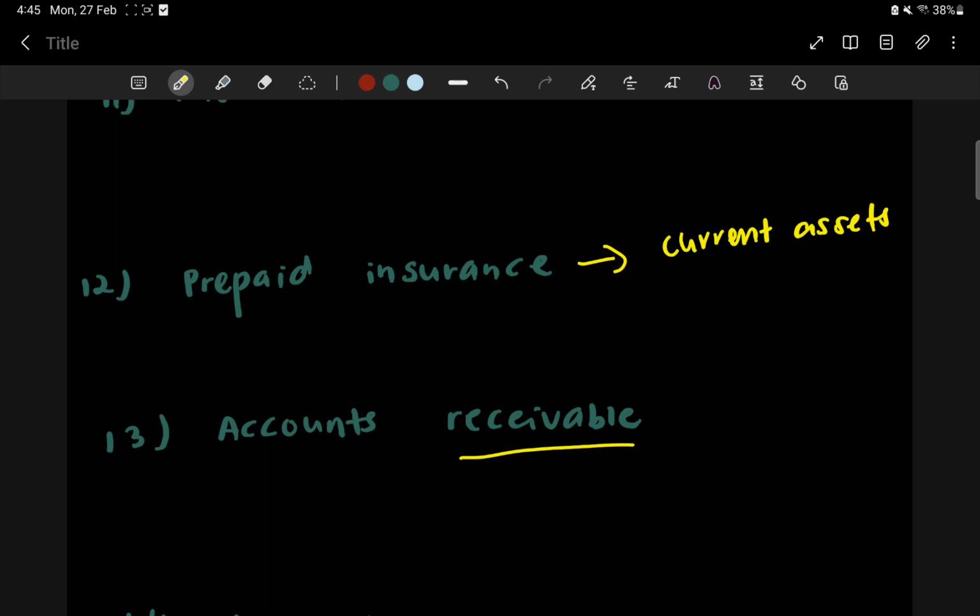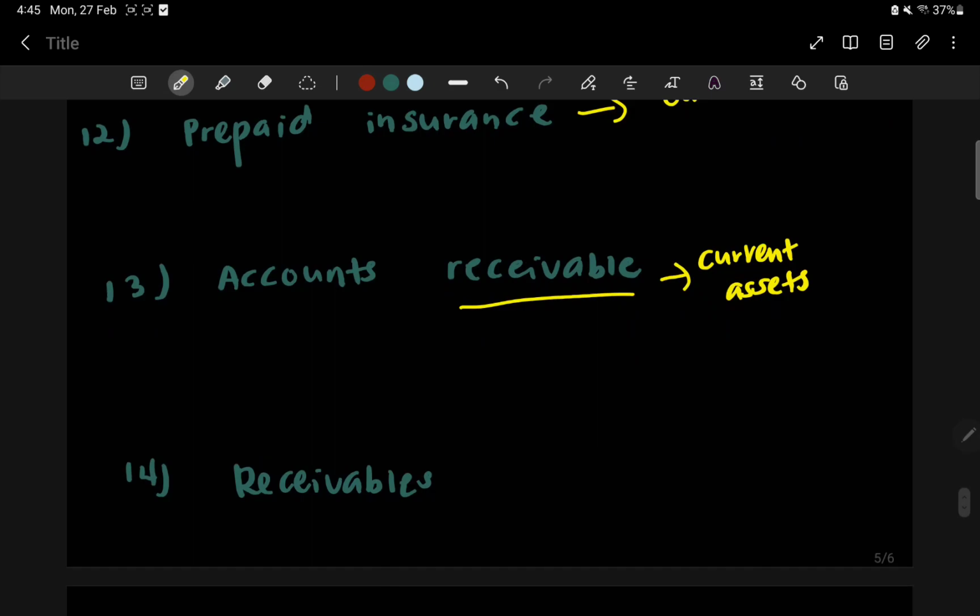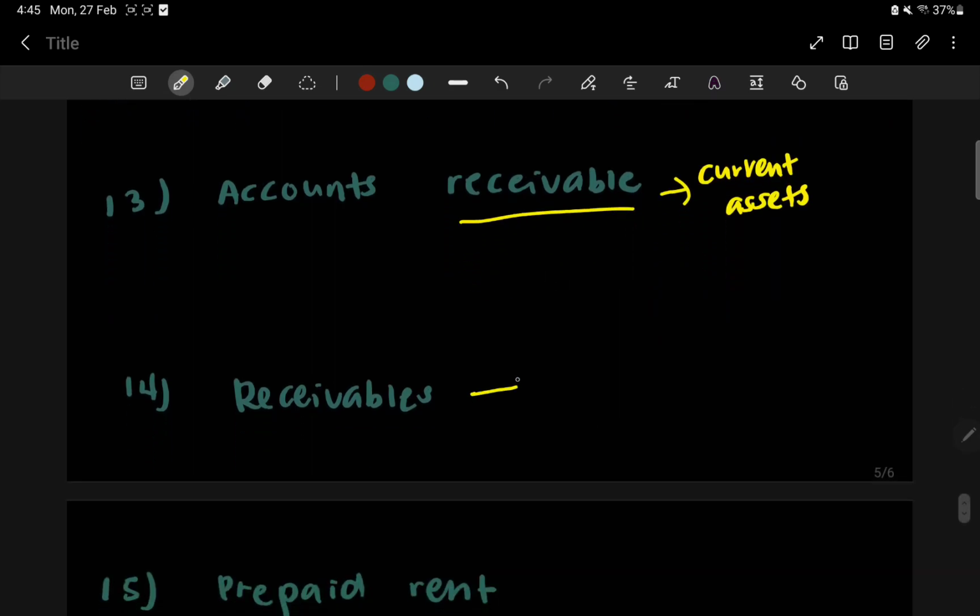What do you think? Okay, so the answer is it is a current asset. Anything receivable means that it is an asset. Receivable is a current asset.